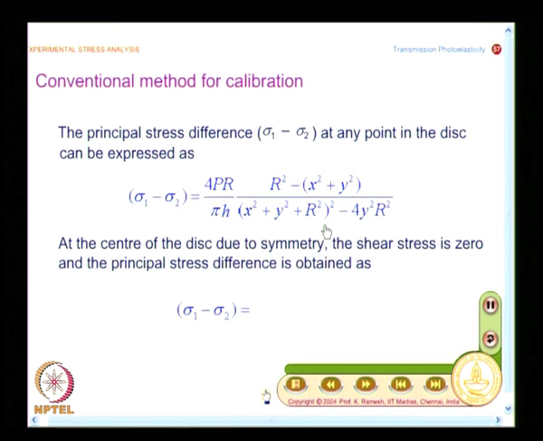The idea is we will do the conventional method for calibration, and later we will also elaborate on a method which will use as many data points as possible from the field. This is particularly useful with developments in image processing techniques, where acquisition of data becomes a lot simpler, and also in 3-dimensional photoelasticity, where they have a stress freezing process.